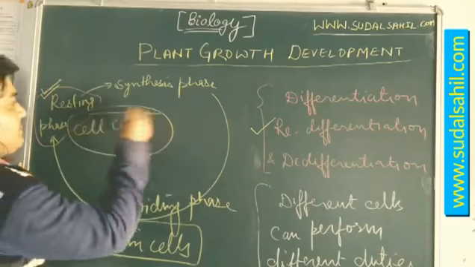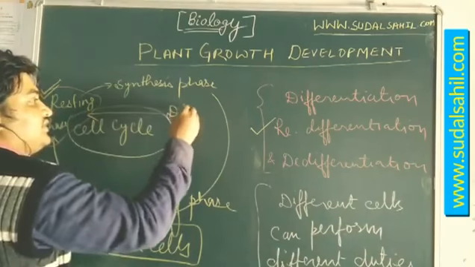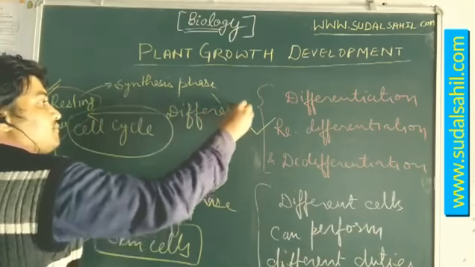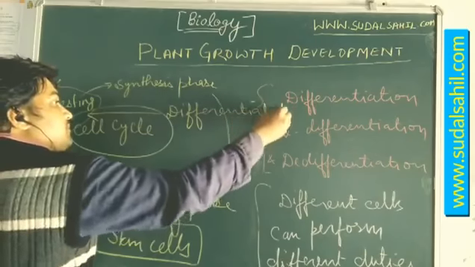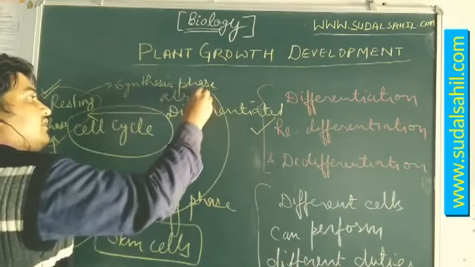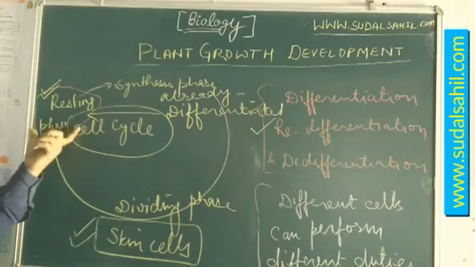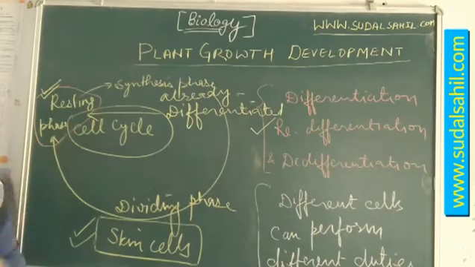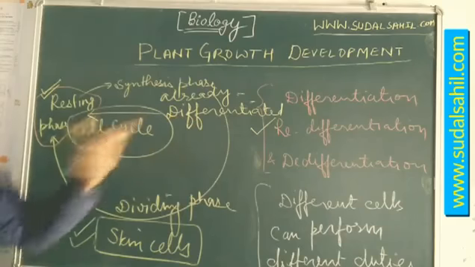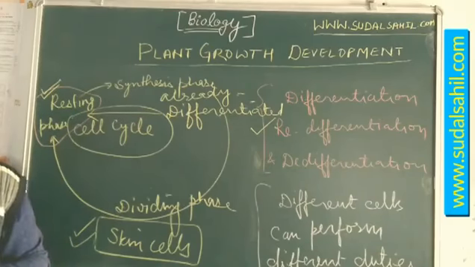These are cells that are already differentiated. Assume these are your petiolar cells. These are of red color, and they differentiated into petiolar cells.